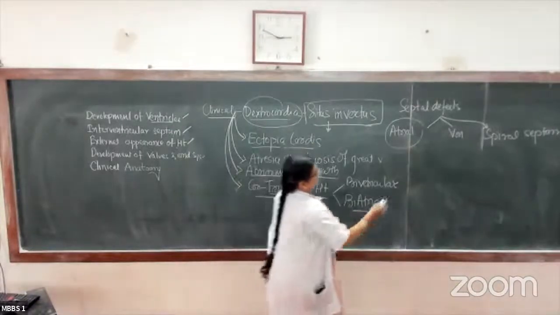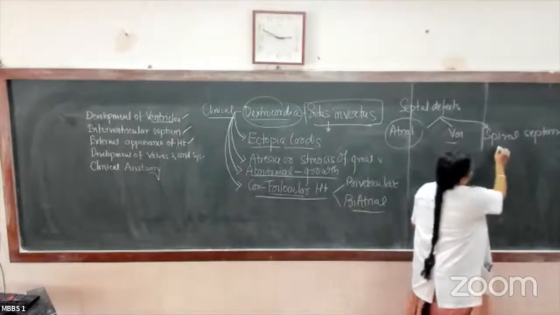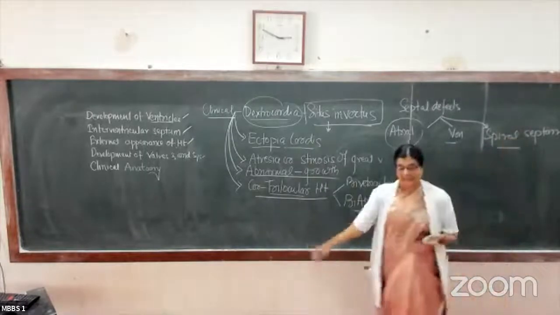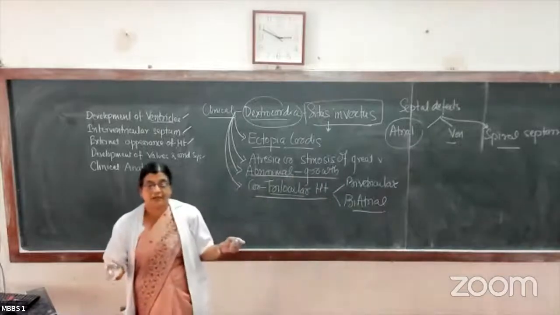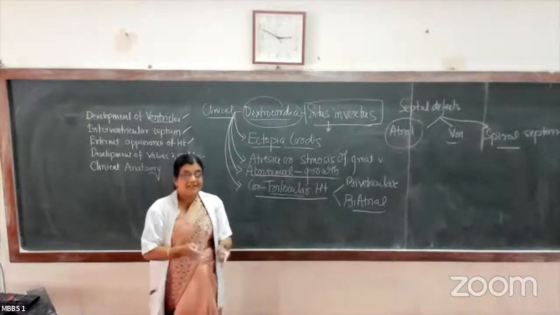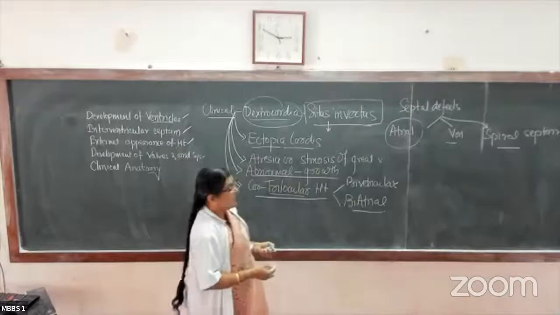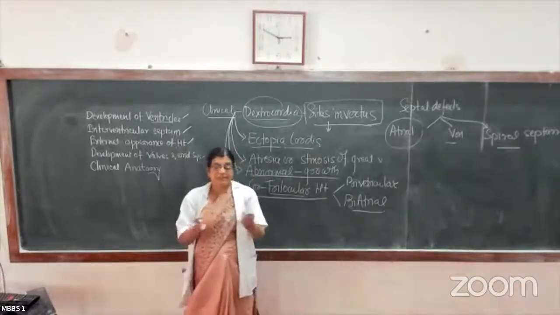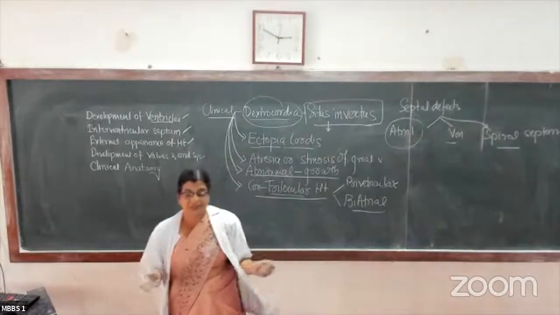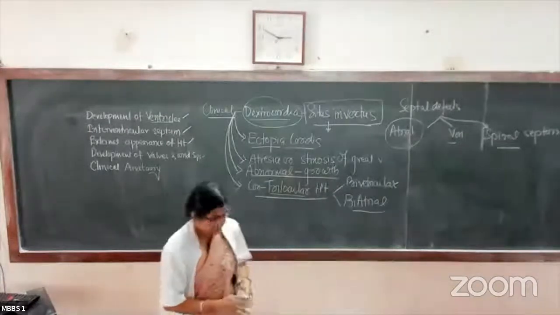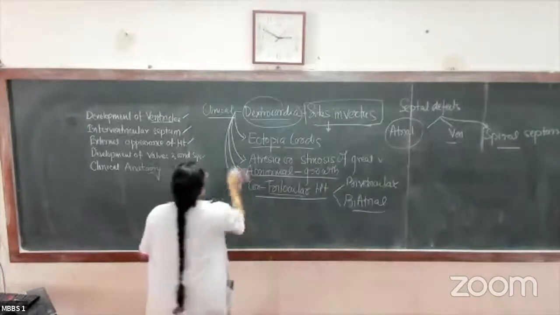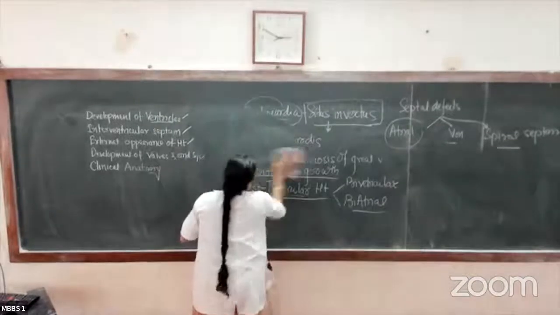So this is a ventricular septal defect. When there is a spiral septal defect, the spiral septum, which completely separates the ascending aorta and pulmonary trunk, is defective. Then the aorta and pulmonary trunk will be in communication with each other, and this is also very dangerous. So these are the various types of the septal defects.